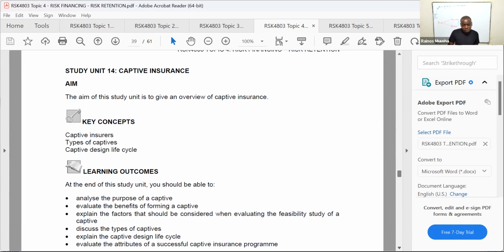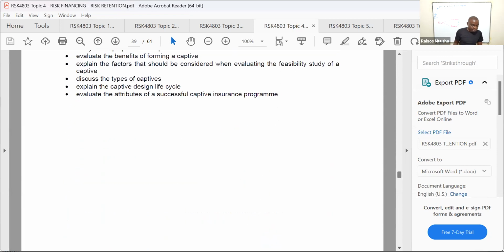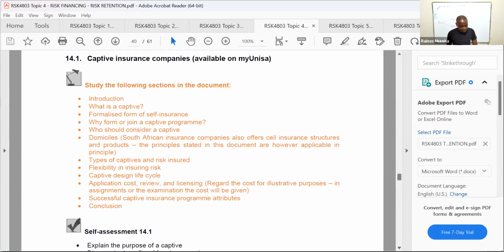In case of a loss event, the insurance company is going to cover the parent company. But over and above that, this captive insurance company can also do insurance business where it is able to insure other people or other entities. So this is where the captive insurance arrangement comes in. We'll look at it to have a better understanding of exactly what a captive is and how it would be structured.